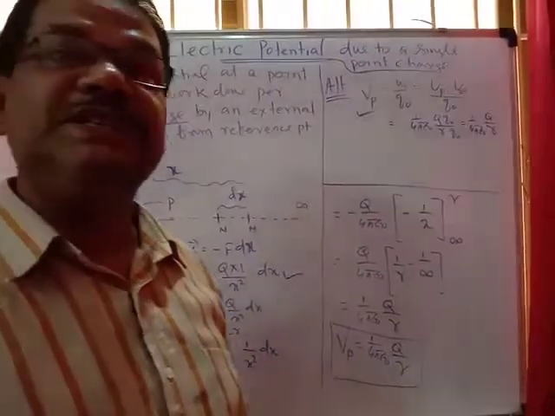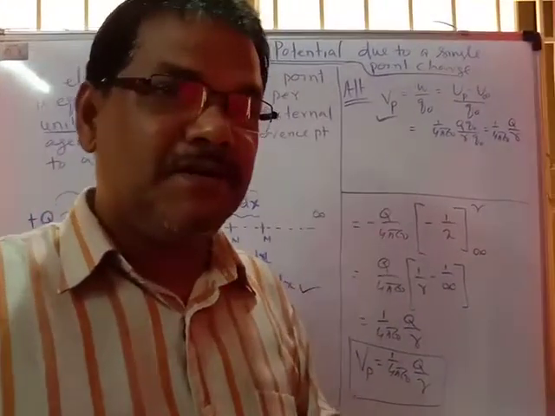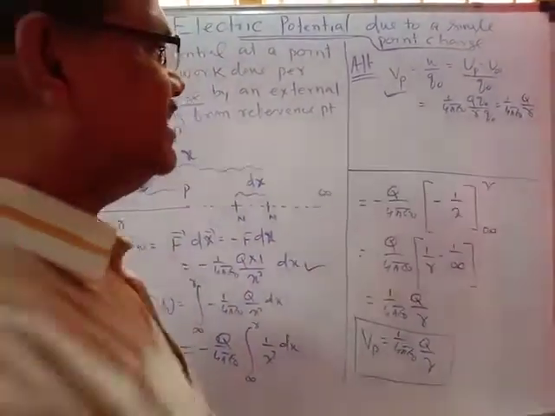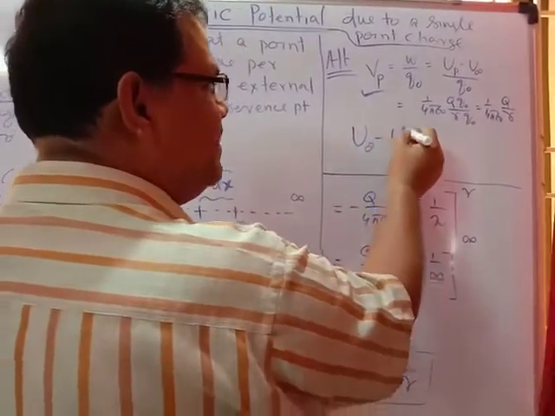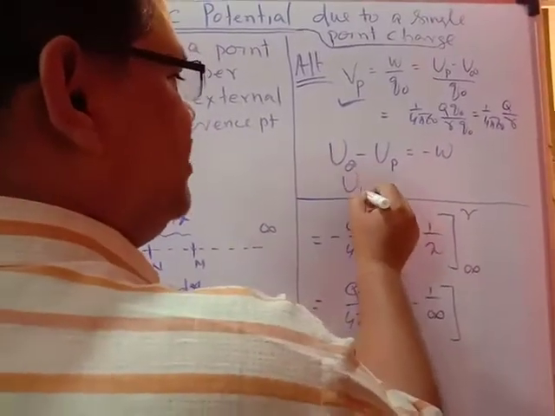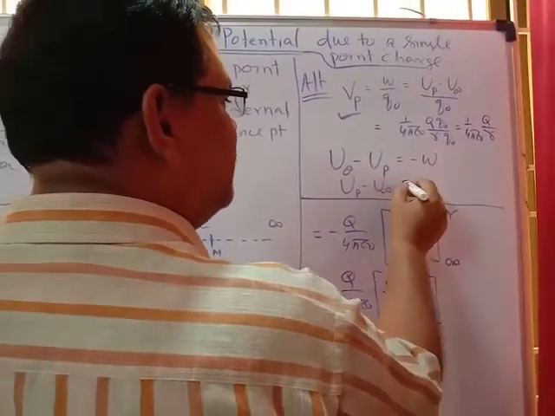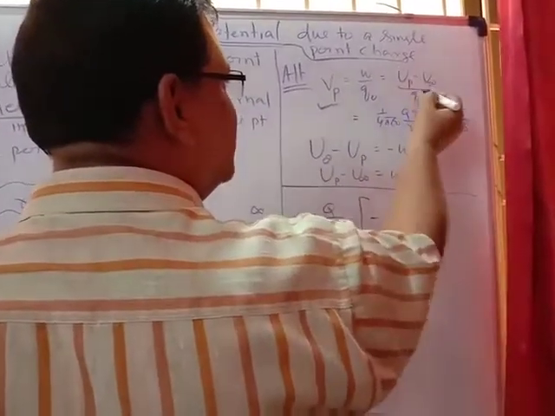W is the change in potential energy, or the change in potential energy is the negative of the work done. So U infinite minus UP equals minus W, or UP minus U infinite equals W. So W equals UP minus U infinite upon Q naught.